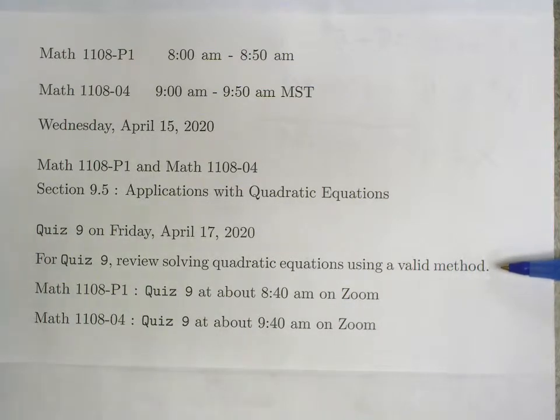You can always use the completing the square method, and you can always use the quadratic formula. Just be mindful that not all quadratic expressions can be factored with integer coefficients. So in those cases, you'll want to use either the completing the square method or the quadratic formula.